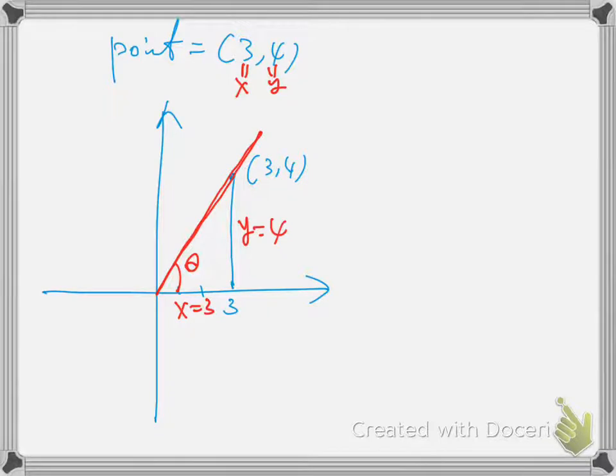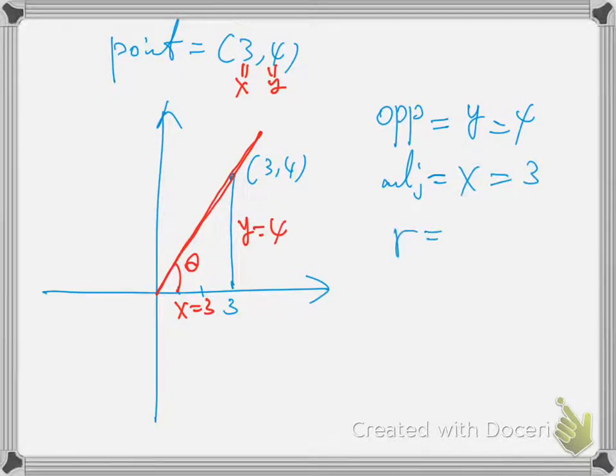Now the opposite of theta is y, so this is number 4. Adjacent is x, this is number 3. And what is r? This is one of our special right triangles, 3, 4, 5. So r is 5. If you forgot, you can use the Pythagorean theorem: r is the square root of 3 squared plus 4 squared, then you get number 5.